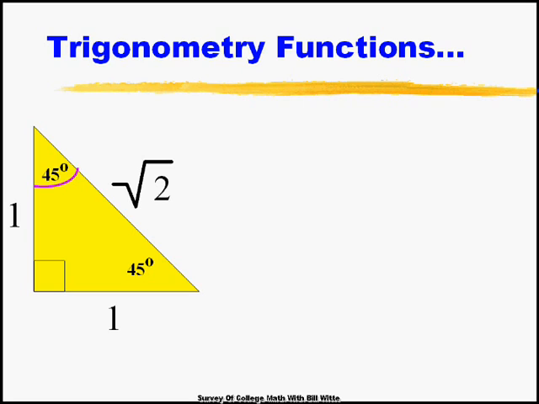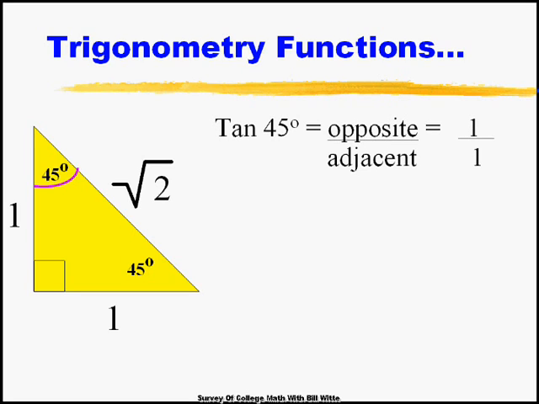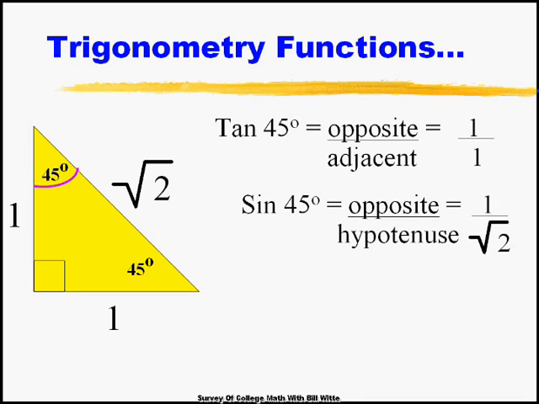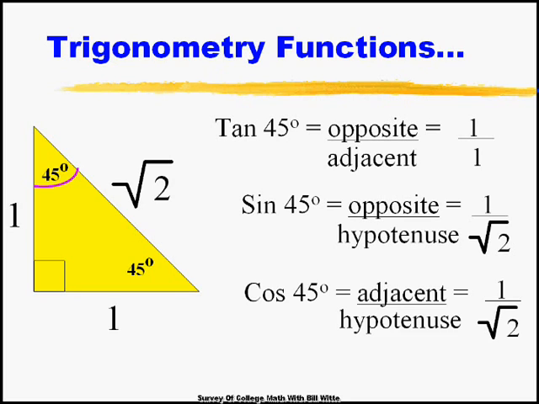It's not too bad if you just memorize those 6 functions. The tangent of 45 will be the opposite over the adjacent. Well, if it doesn't matter which 45 I use, the opposite is going to be 1 and the adjacent is going to be 1. So it'll be 1 over 1. The sine of 45 will be the opposite over the hypotenuse, which will be 1 over the square root of 2.